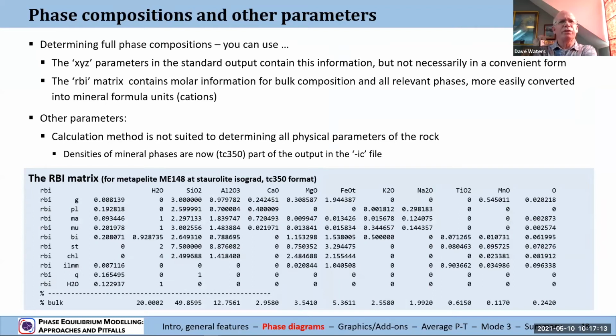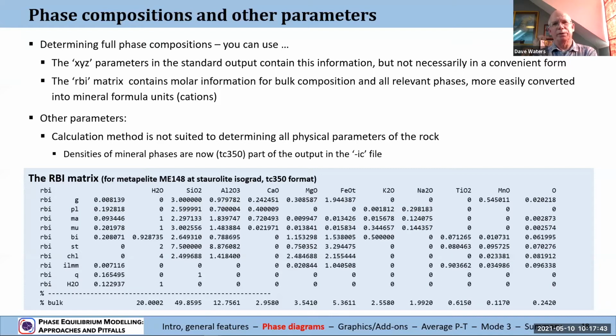If you're interested in the compositions of your phases, and I would argue that you should always compare the calculated phase compositions with the ones in your real rock, then you can. In principle, the XYZ parameters in the standard output do that for you, but they're not necessarily in a convenient form. A lot of manipulation is involved there. But in other forms of output, in particular in the IC file now, you'll find a thing called the RBI matrix.